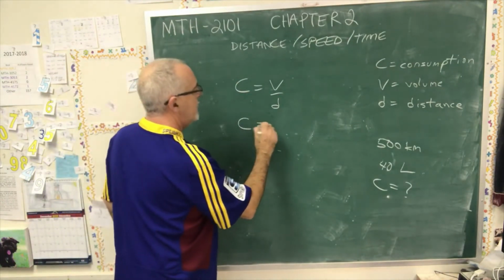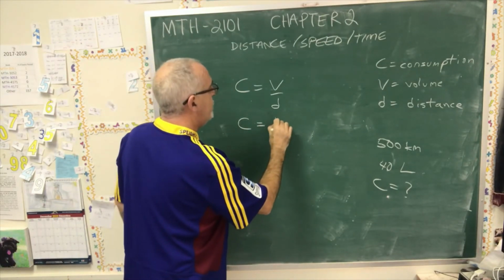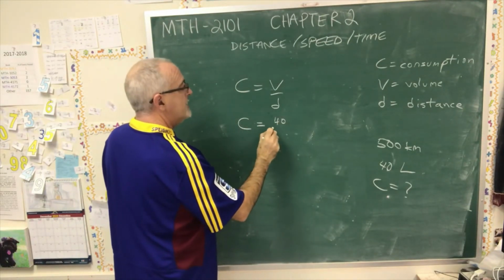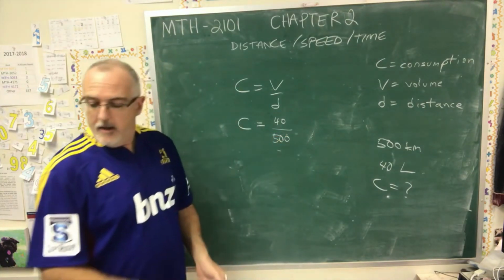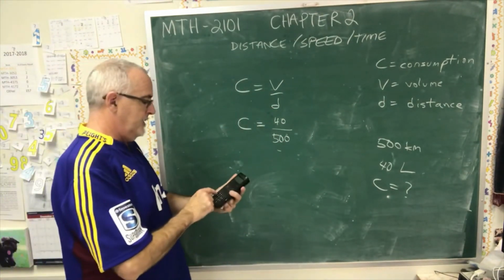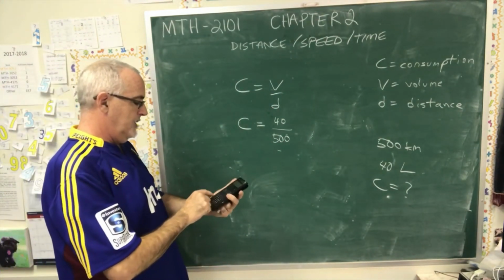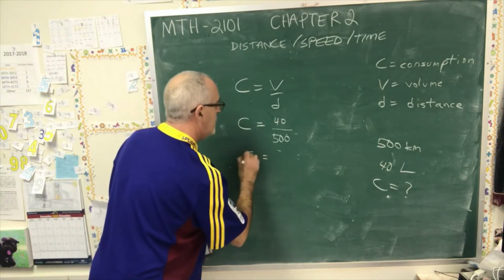C is unknown and it's on the left, so that's convenient. V is the volume, that's the 40. Distance is 500 kilometers, so I have 40 divided by 500. I simplify that, and I get 0.08.